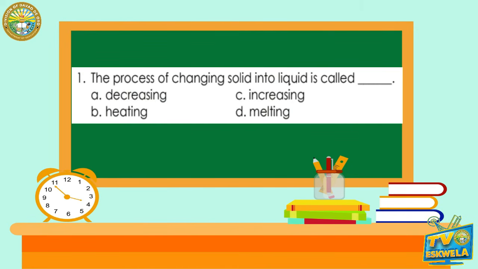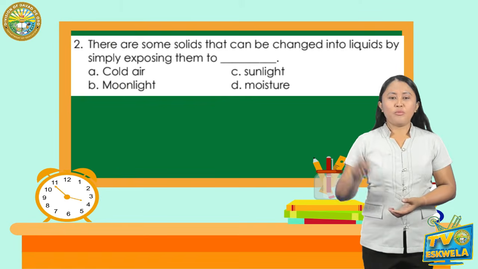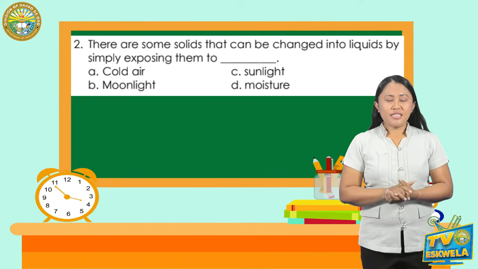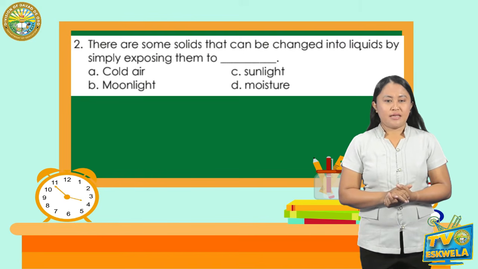The process of changing solid into liquid is called A. Decreasing, B. Heating, C. Increasing, or letter D. Melting.